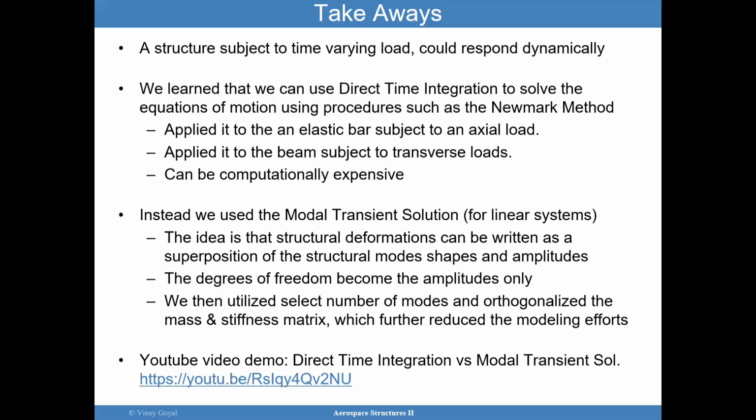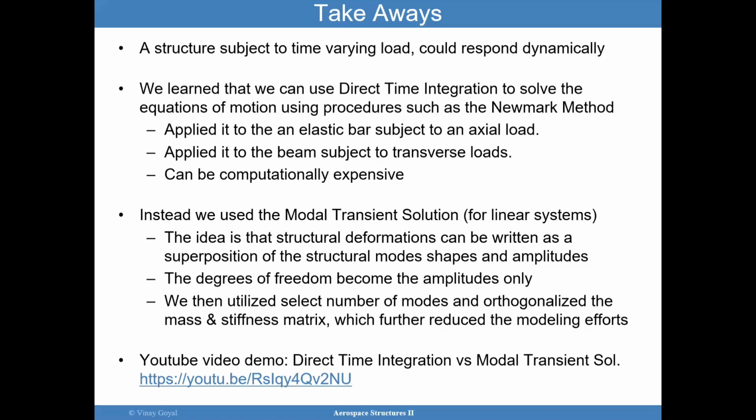Now we demonstrated that if I have an aircraft and I have millions of degrees of freedom, I will have millions of mode shapes. And also I'm going to have millions of amplitudes that correspond to each of these mode shapes. As a consequence, we then studied another way to even further simplify the problem.